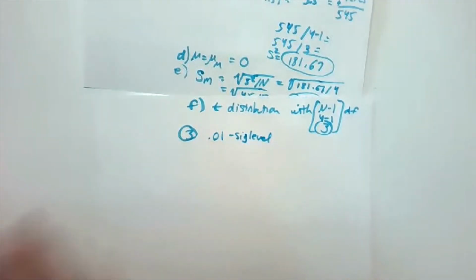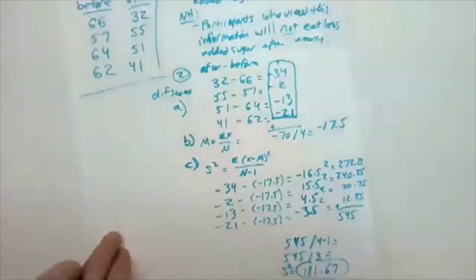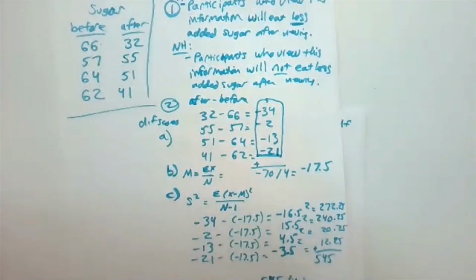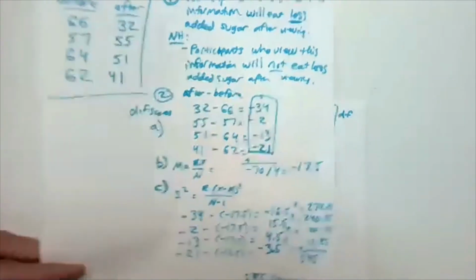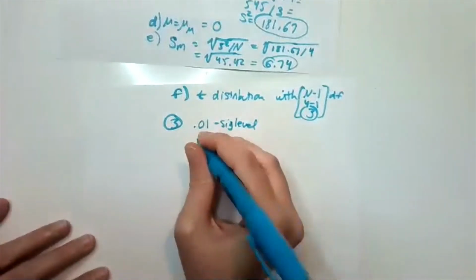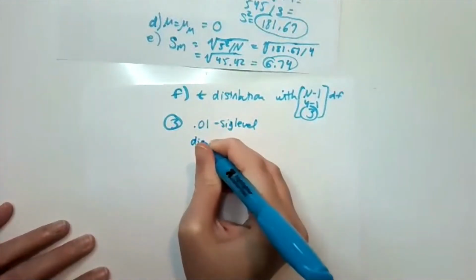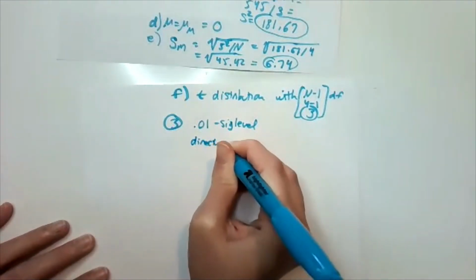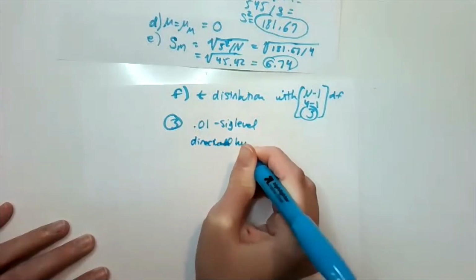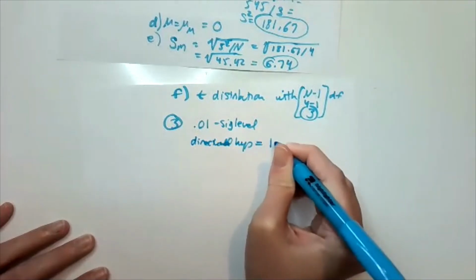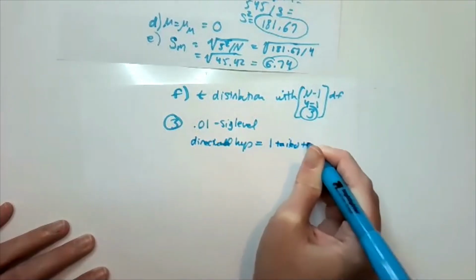We noted that we're looking at them eating less sugar in this case. And so we know that we're going to have a one-directional t-test, a one-tailed test, because we have a directional hypothesis. So I'm going to make a note here that I have a directional hypothesis, which means I have a one-tailed test.